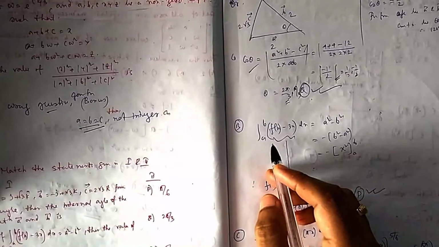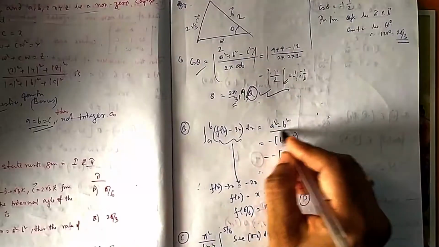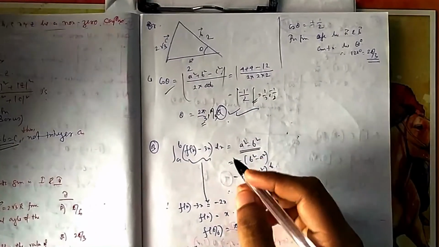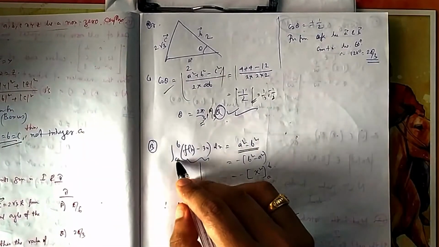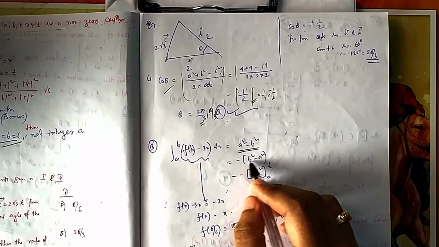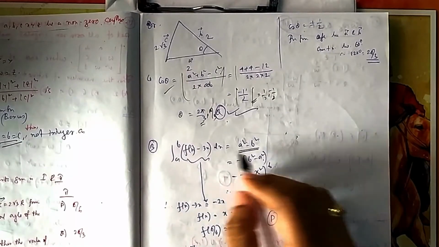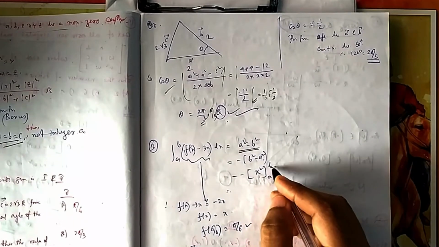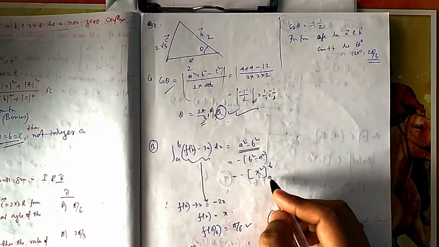Now if you come to this one, they have given a square minus b square, and this limit is from A to B. So let's change it, those who have done definite integral, because at the end we put the limit only. So let's take it as b square minus a square. That means because it is coming b square minus a square, the original function should have been x square. Then only if you put x, b will come.